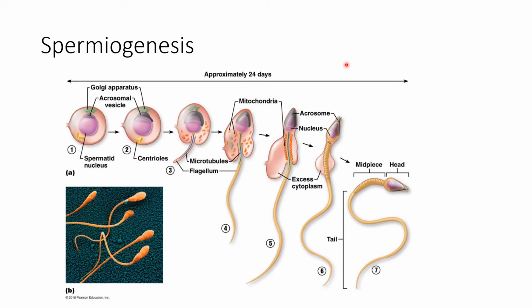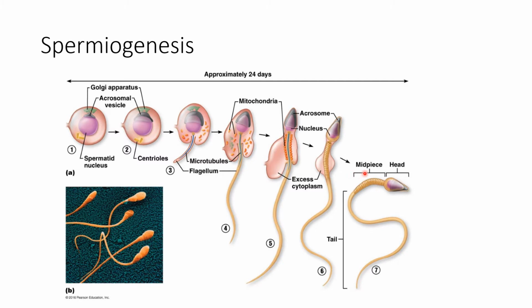The head of the sperm contains the DNA. So as I said, it's only going to carry half the DNA. And there is this region right here known as the acrosome. The acrosome contains hydrolytic enzymes that are going to enable the sperm to penetrate the egg during fertilization.